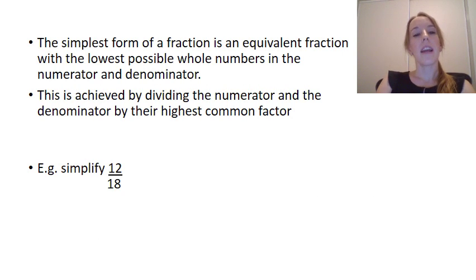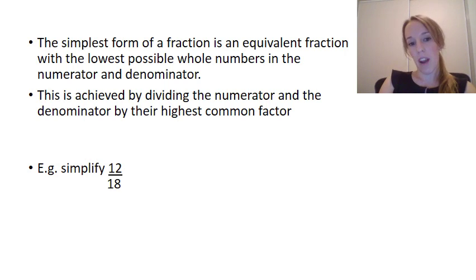Okay. The next thing that it's important to know is how to simplify. So the simplest form of a fraction is an equivalent fraction with the lowest possible whole numbers in the numerator and the denominator position. So this is achieved by dividing the numerator and the denominator by the highest common factor. So in our example, we have to simplify 12 over 18.